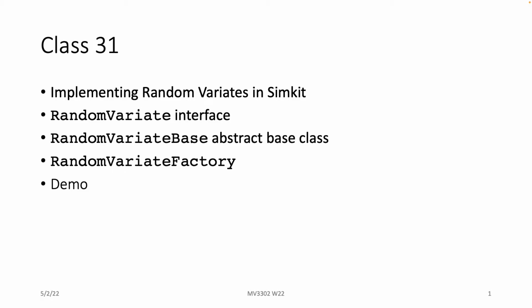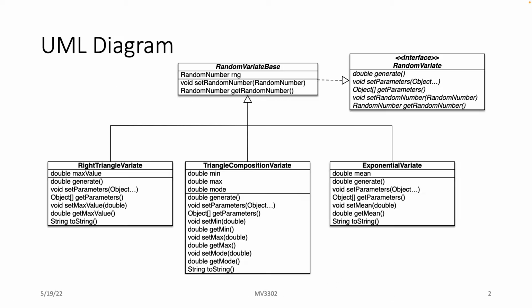The implementation is just the framework that SimKit uses: an interface, an abstract base class, which is optional, and this thing called a random variate factory, which we've been using and will look at a little bit at some point today. So here, in the upper two, are the interface and the abstract base class.